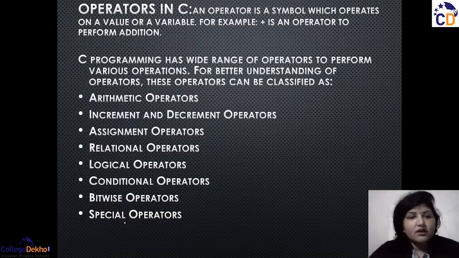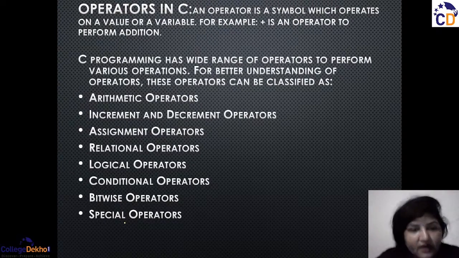Relational or comparison operators, less than, greater than, less than or equal to, greater than or equal to, all come under relational operators. Then we have logical operators. Logical operators are basically and, or, not. If we have two conditions, we put an and in between them. Or we make the negative of some condition, not this particular condition. Then we have conditional operators, bitwise and special operators.